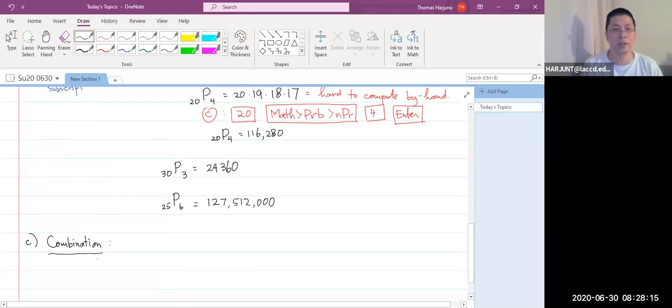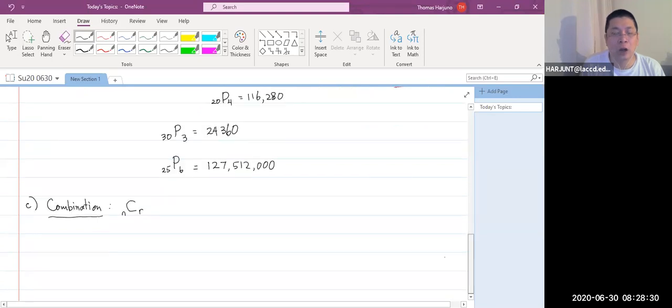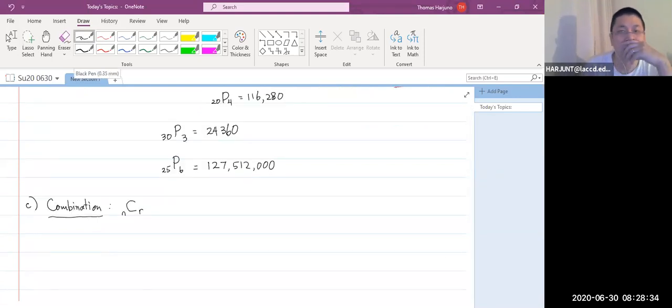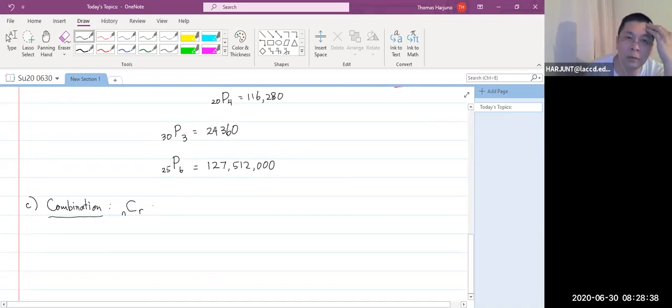Combination has a very similar notation, except we change the P to C. NCR. Okay, now this notation NCR also has other variations.